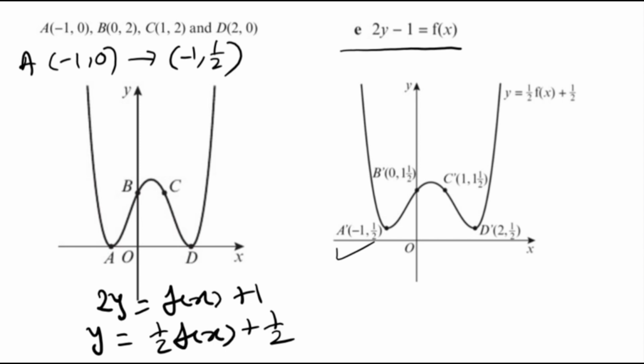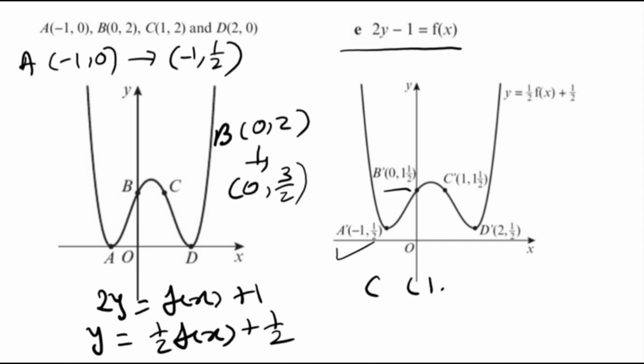Now B coordinate, which is (0, 2). For 2 times half, that means 1, and 1 plus half will give you 3 over 2. So your B coordinate becomes (0, 3/2), which you can also write as 1 and a half. Now your C coordinate is (1, 2).